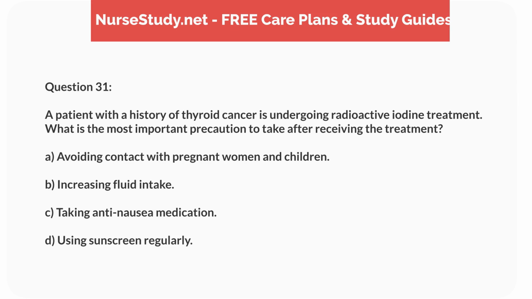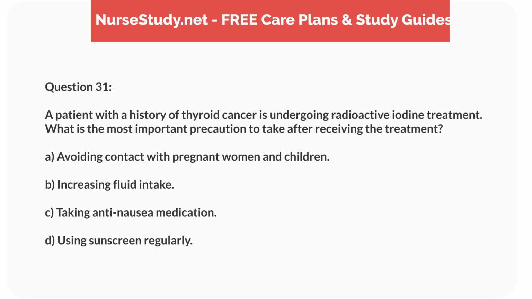Question 31. A patient with a history of thyroid cancer is undergoing radioactive iodine treatment. What is the most important precaution to take after receiving the treatment? A. Avoiding contact with pregnant women and children. B. Increasing fluid intake. C. Taking anti-nausea medication.